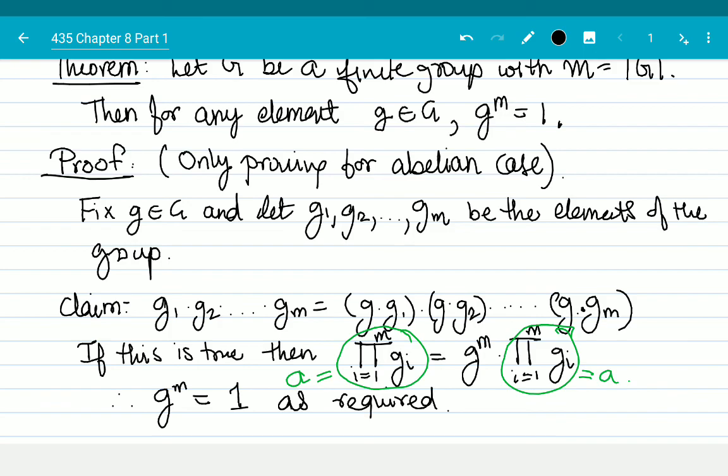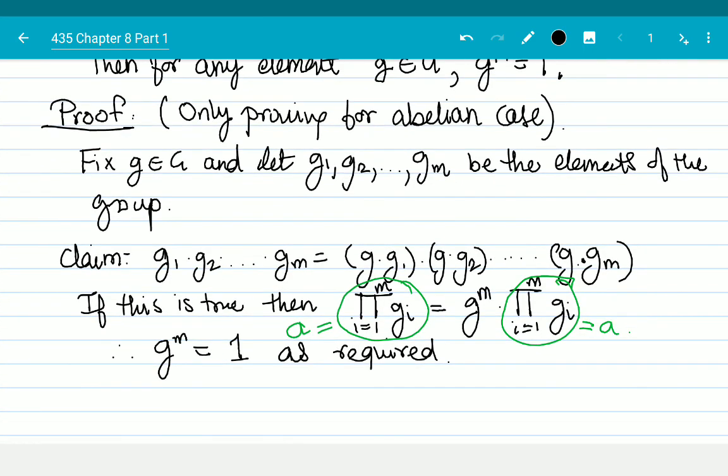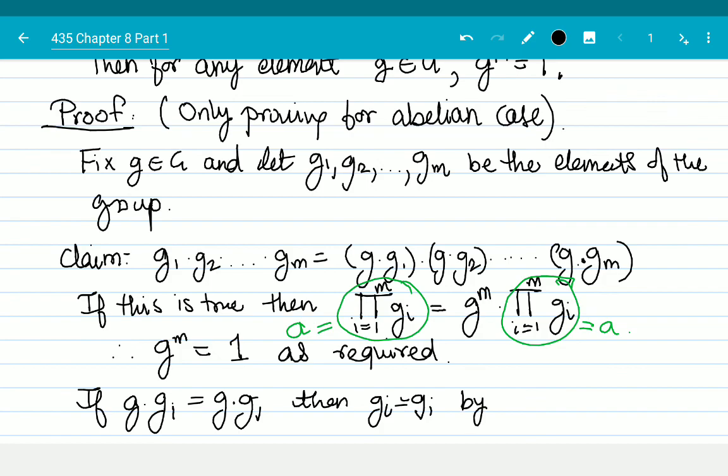So how do I show this? If g times gi is equal to g times gj, then gi is equal to gj, by the same result as the previous lemma, if g is not equal to 1.